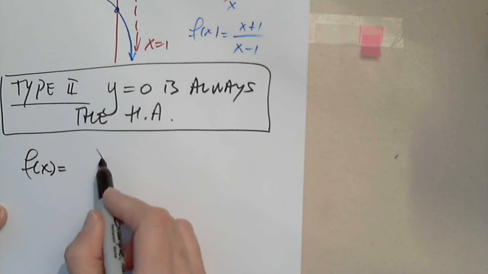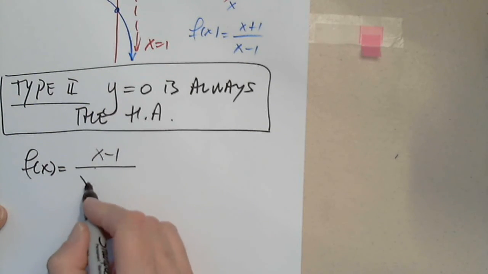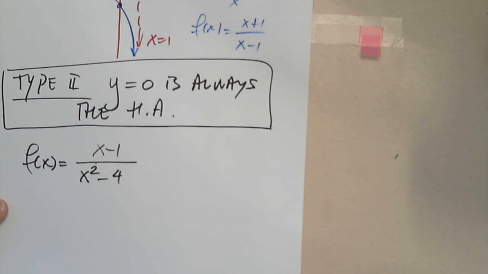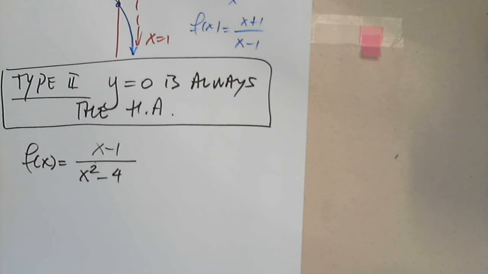Okay, so let's say we have x minus 1 over x squared minus 4. Is this type 2? Yes, it's type 2 because the degree in the denominator is higher than the degree in the numerator. Very good.